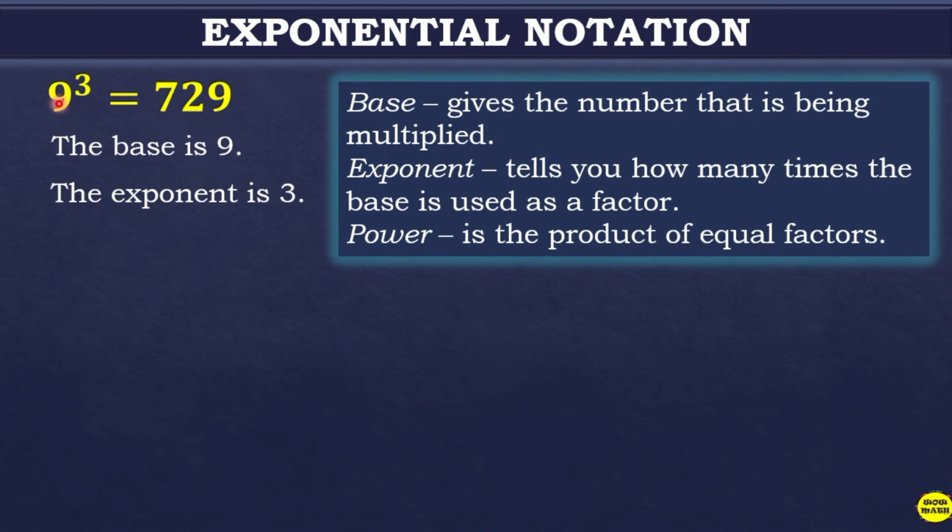And then, the exponent is 3. Siya yung nagsasabi, it tells you how many times. So, kung ang exponent mo ay 3, ibig sabihin 3 times mong gagamitin si 9 as your factor. So, 9 times 9 times 9. So, that is the exponent. And then, the power, which is the product. So, the power is 729.